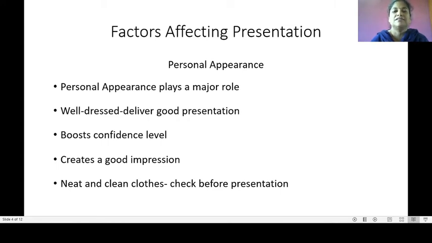Yes, the dress plays a major role. Personal appearance plays a major role. So make sure the dress the person is wearing is neat, washed, neatly pressed, and clean. And do check, the person has to check before the presentation.